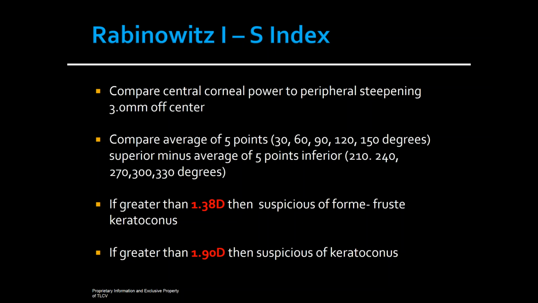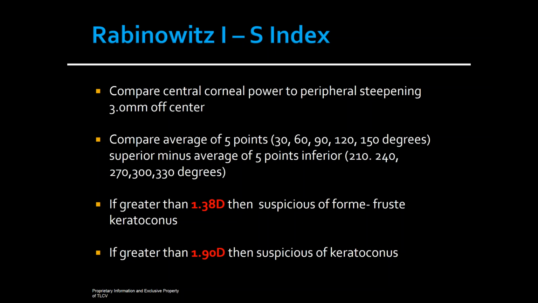A perfectly symmetrical map, you're going to get a division where it's going to be 1. When you have a difference, though, in these 2 points where it's 1.38 diopters, we start to become suspicious. When it's up to 1.9 diopters, then we say this patient has keratoconus until proven otherwise.